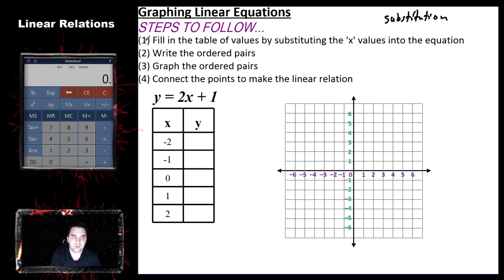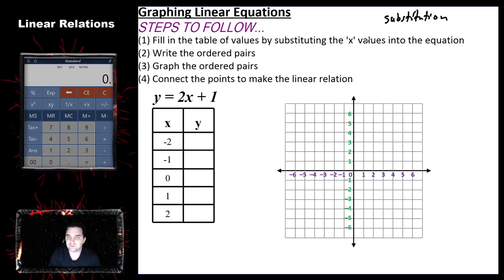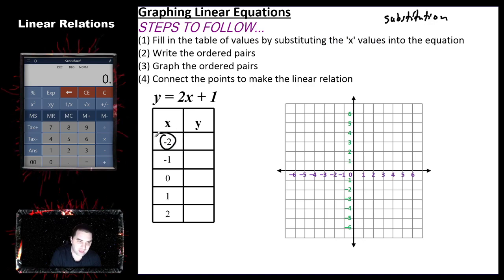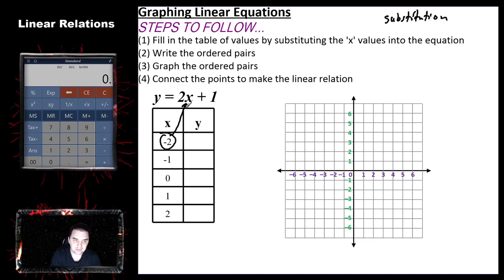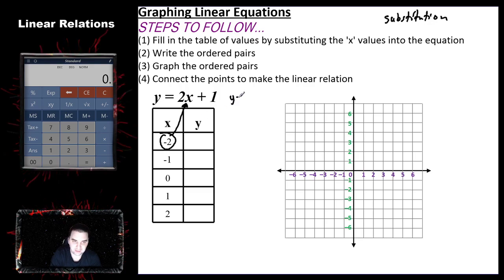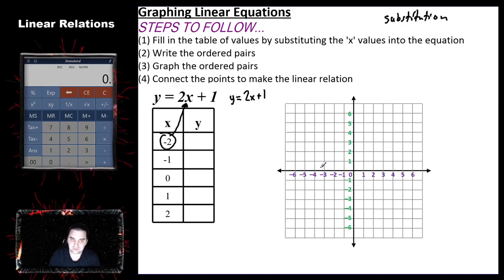Let's try this out. Fill in the table of values by substituting x values into the equation. So I have x is equal to minus 2. Substitution, remember, I'm going to put that into the place of x here and see what happens. I'm going to do all the work here on the side just so that you can watch as it happens. I know for a lot of people this is going to be a little bit slower and you know what I'm doing already, but bear with me. So I'm putting minus 2 into the place of x. So this x is going to disappear.